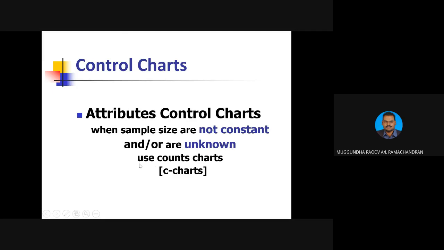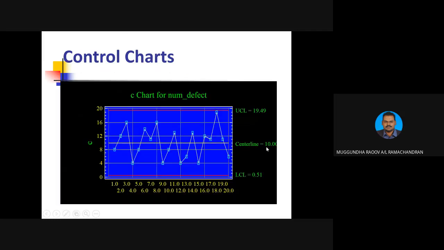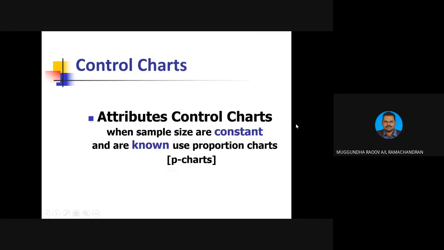Unknown, use the counts chart, for example the C chart. These are the C chart for the number of defects. When the sample size is constant and known, use proportion charts, which are the P charts.